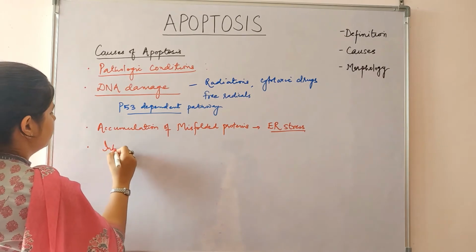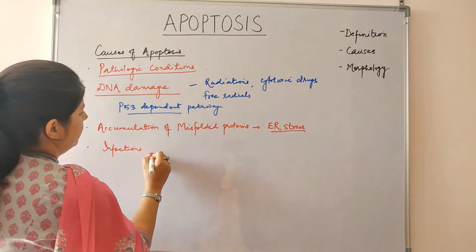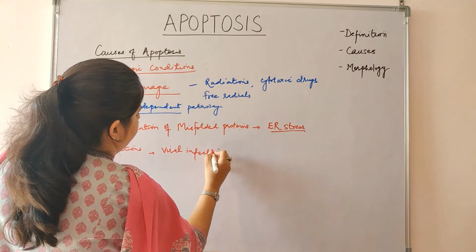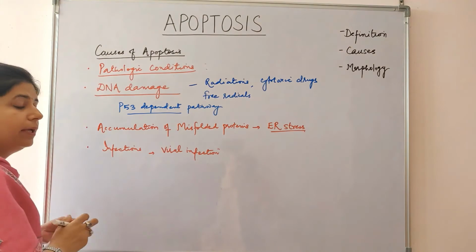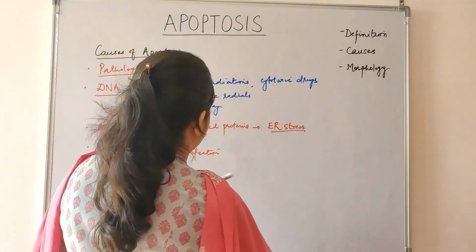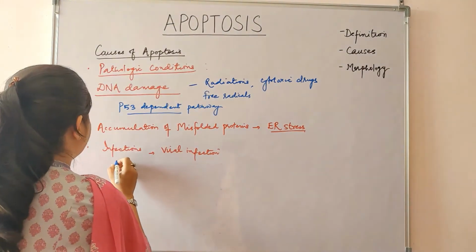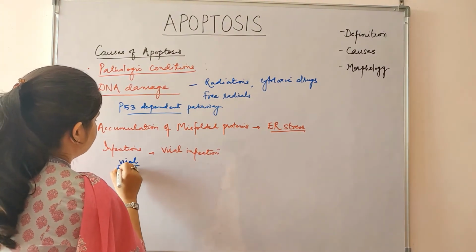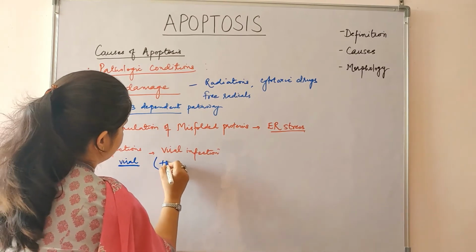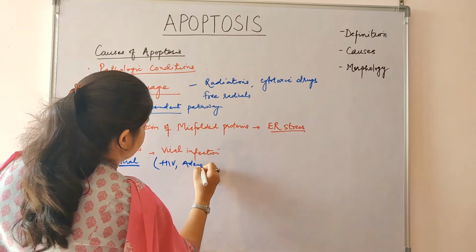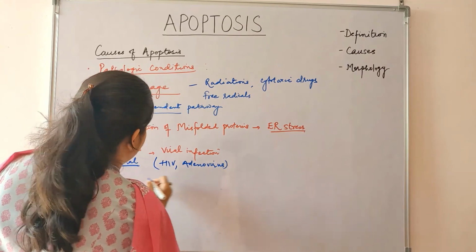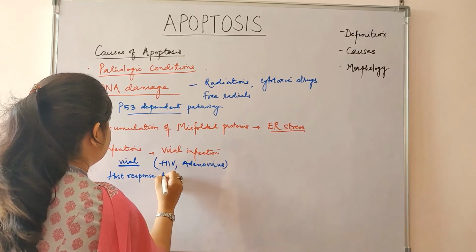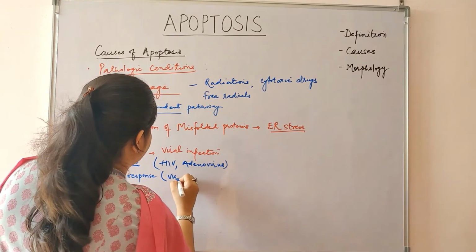Then infections, particularly viral infections, they induce apoptosis either by themselves or due to host immune response. So due to the virus or the viral infection, examples are HIV and adenovirus, and due to host response, the apoptosis is seen in viral hepatitis.